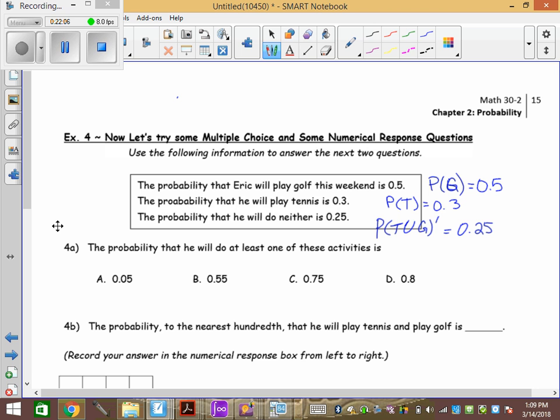In this case, our total is 1. So we're going to go 0.5 plus 0.3 plus 0.25, which is 1.05. Subtract 1 and you get what? 0.05 overlap. So let's draw out our Venn diagram.